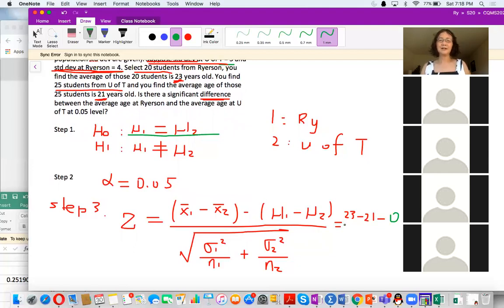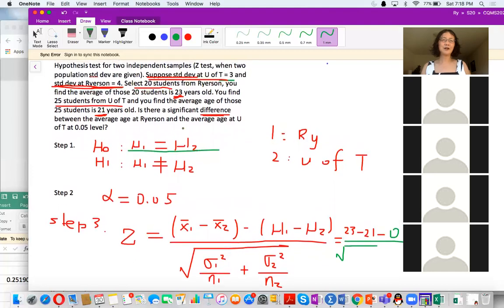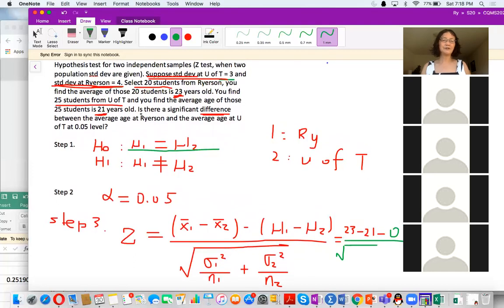And then divided by the square root of sigma 1 squared. Standard deviation at Ryerson is 4. So 4 squared divided by n1, Ryerson sample size.